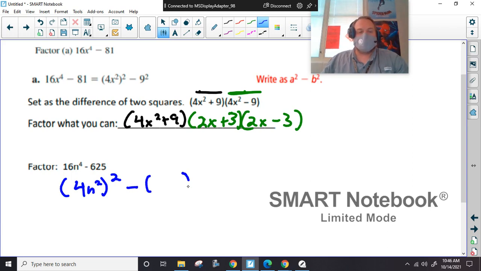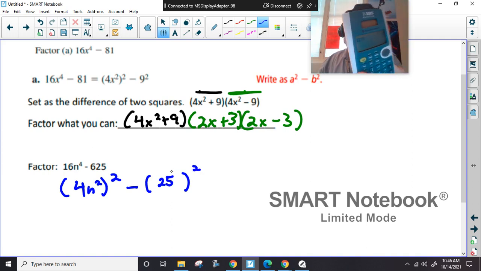Now, what is the square root of 625? Yeah, 25. That's why we have calculators. I even had to do it on my calculator. I didn't know.